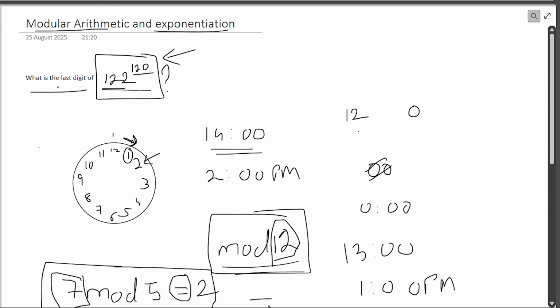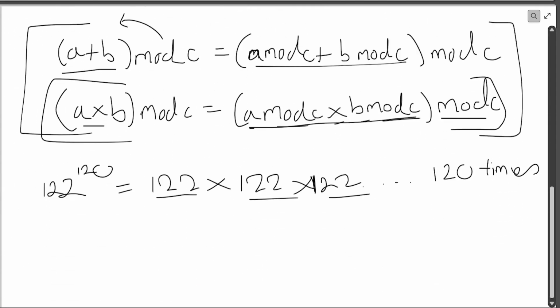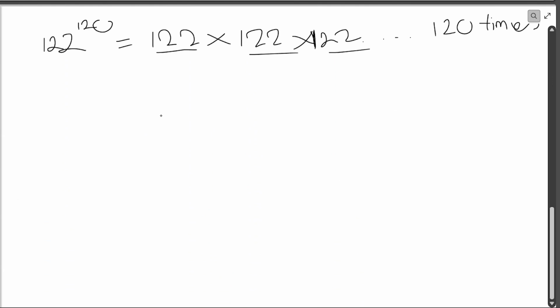And if you look at the question, what we are asked is not the actual value of 122 to the power of 120, but we are asked what is the last digit of 122 to the power of 120. And to get the last digit of any number, what do we do?